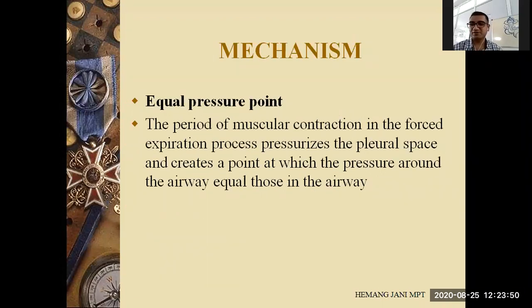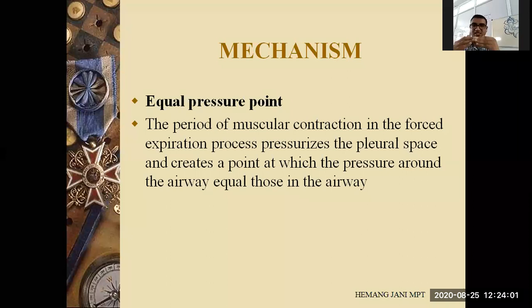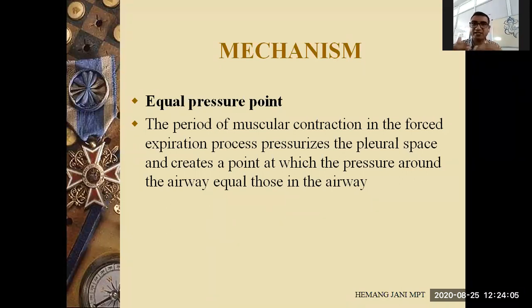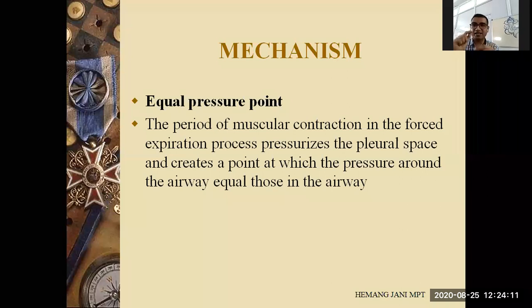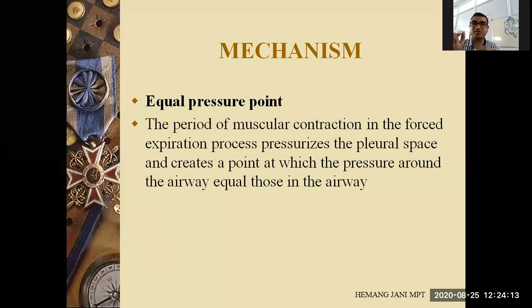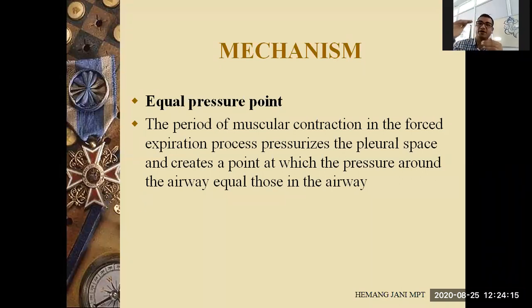And you know what the equal pressure point is, where the airway pressure and the pleural pressure are equal, where there is a chance of airway collapse when the pressure increases. If we use this principle properly by manipulating the volume we breathe in, the equal pressure point moves.